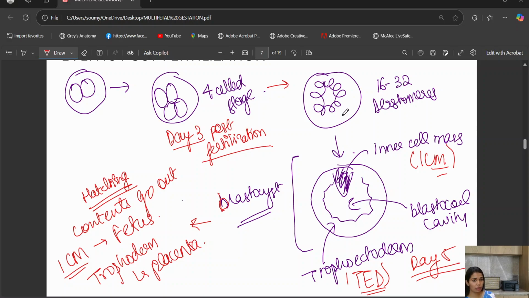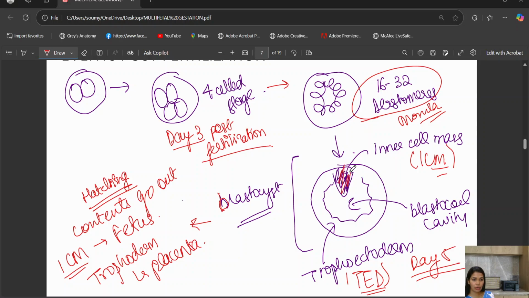There is something called a morula that is formed. I have not written it. If you want, I will write that for you. 16 to 30 blastomeres के stage को morula बोलते हैं. So after this 4-cell stage, morula is formed, which has 16 to 32 blastomeres, and then this morula goes on to further become a blastocyst.